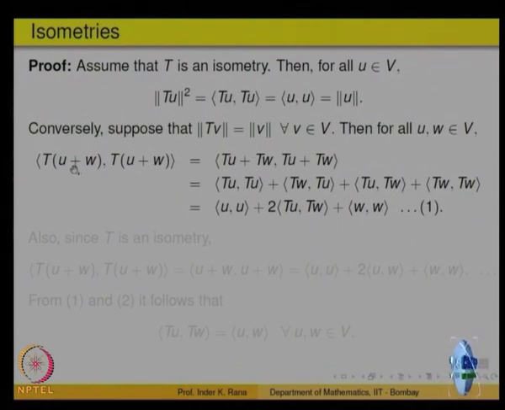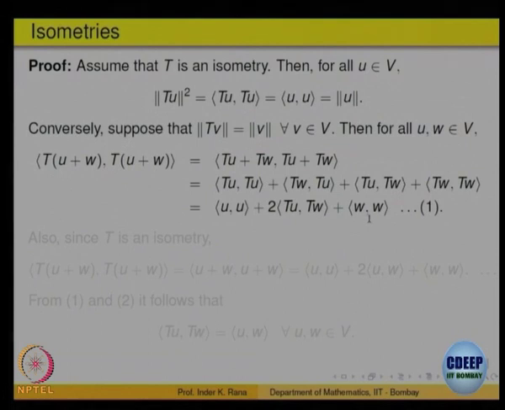Now T is linear, so this will be Tu plus Tw, and this also will be Tu plus Tw. Use the property that the dot product is linear in both arguments and expand; you will get 4 terms. Two of them are common, so it gives you the inner product of Tu with Tu plus 2 times the inner product of Tu with Tw plus the inner product of Tw with Tw.